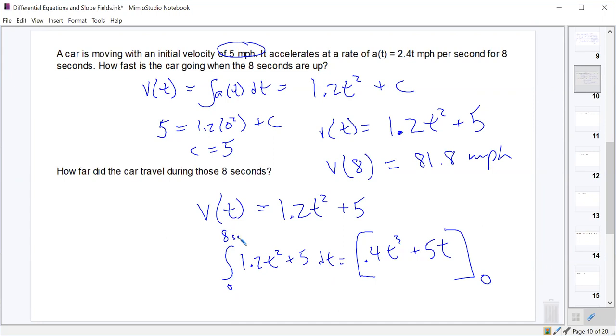So 8 seconds, how many hours is 8 seconds? 0.002. Is that exact, 0.002 repeating?